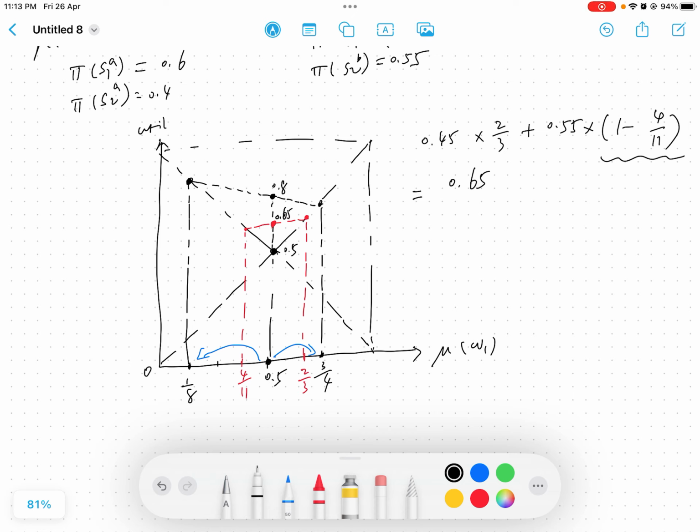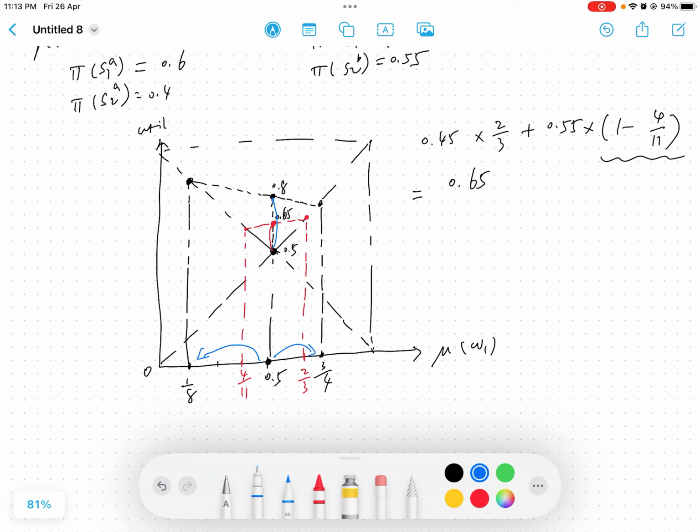So this gap is the value of pi b, the value of the second signal. We can see that the first signal obviously has a higher value of signal, or value of information structure, than the second one.